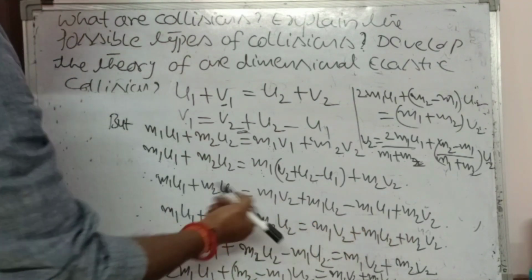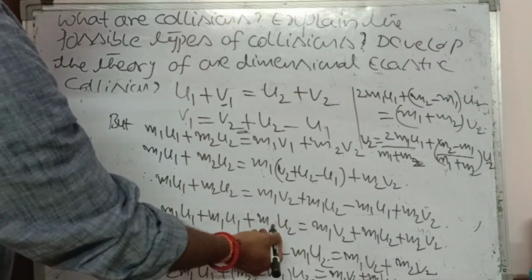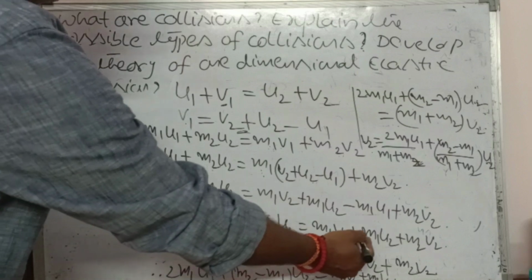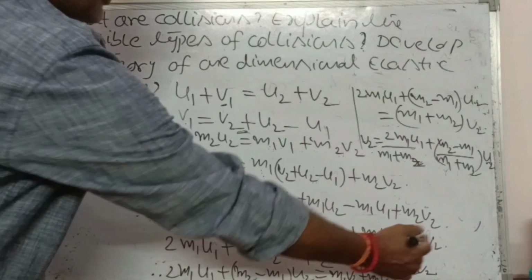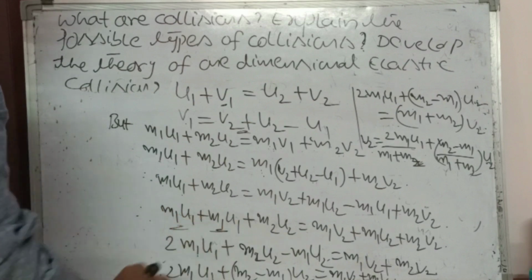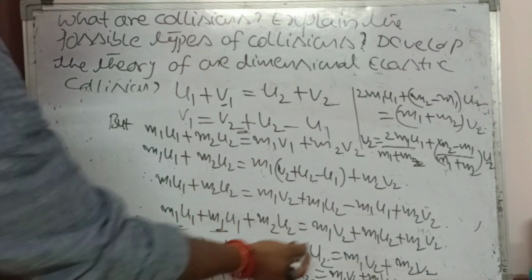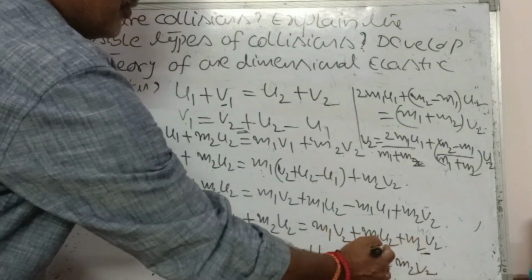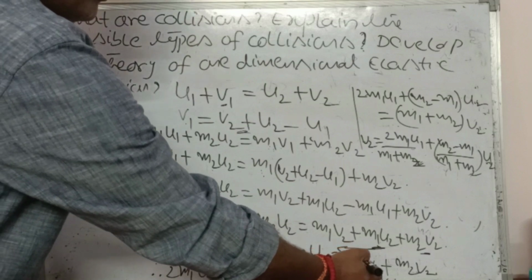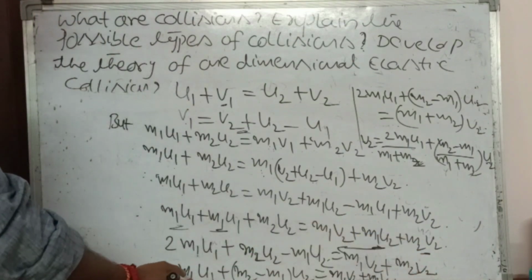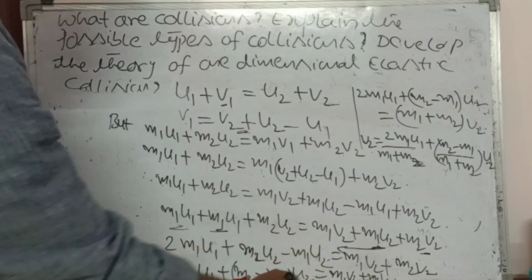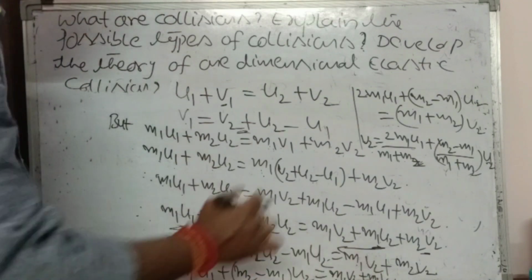Taking minus m1 u1 to the left side, we get 2m1 u1 plus m2 u2 minus m1 u2 is equal to m1 v2 plus m2 v2.